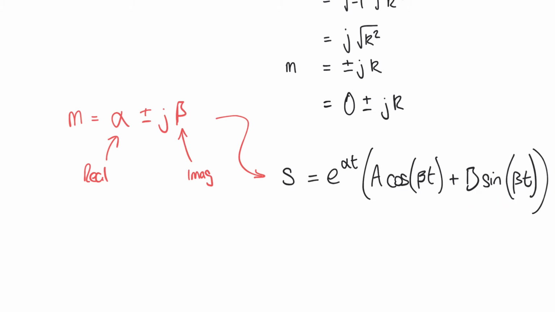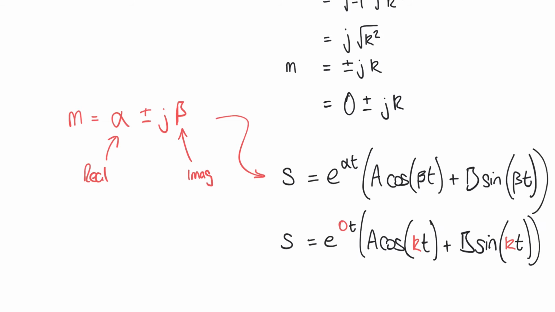So we're solving for the displacement s, and this particular form of our solution was one of the forms that we discussed in our previous video, depending on the form that our roots take. So remembering that in our case, alpha is equal to 0 and beta is equal to k, we can replace some terms here to find something that looks like this. s equals e to the 0t multiplied by a cos kt plus b sine kt.